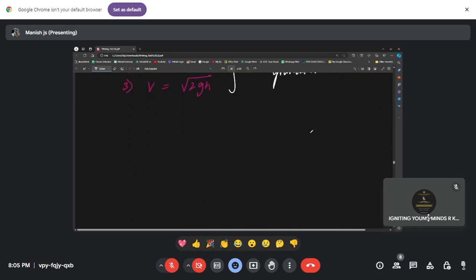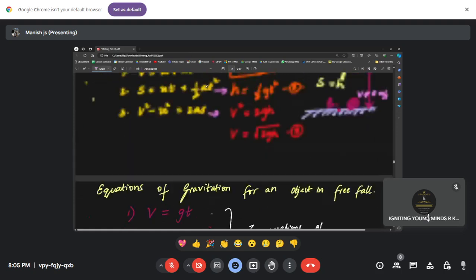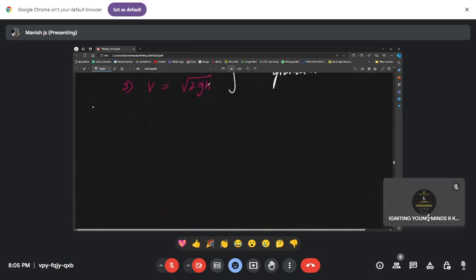What if the object is projected vertically upwards with some velocity? So we are going to write the equations for that as well. Okay, so you just see the next, number 11.